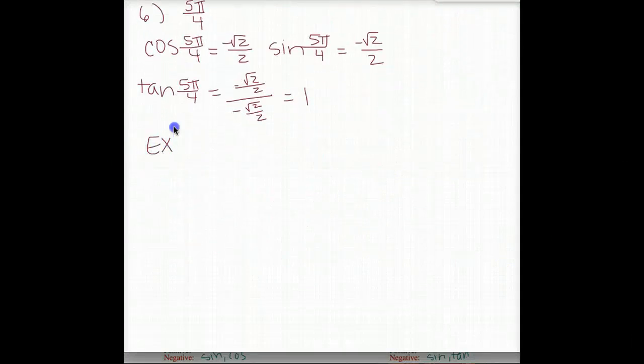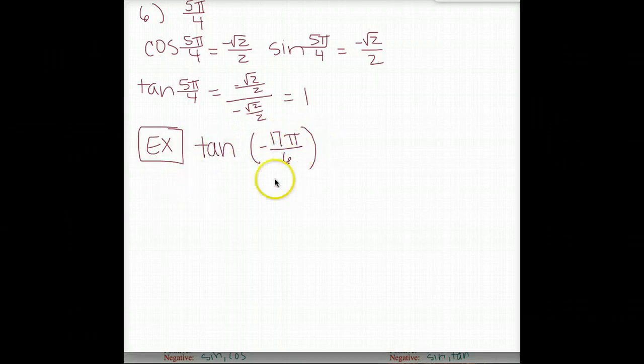So an extra example. Let's say, and on your worksheet, it's not going to ask you for all 3 things. It's going to ask you for one of them. So let's just say that I am going to ask you for the tangent of negative 17 pi over 6. And this is a problem on your worksheet, let's say.